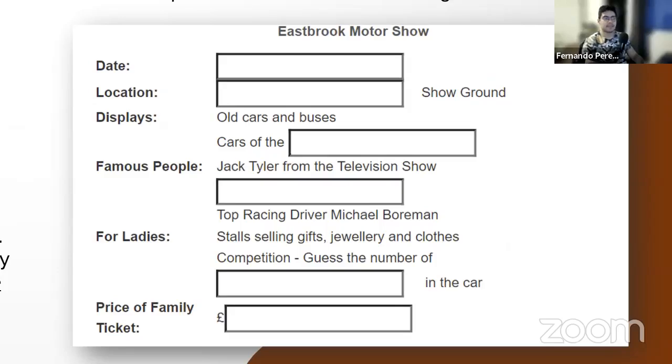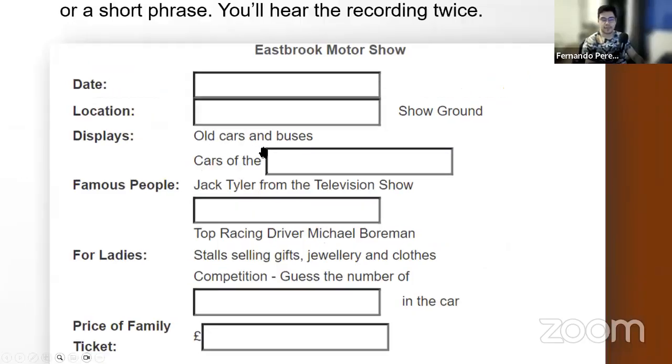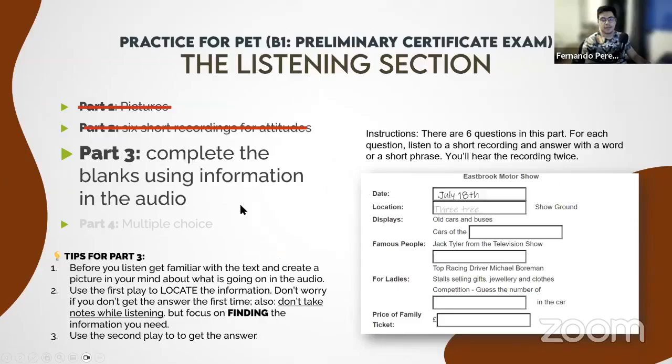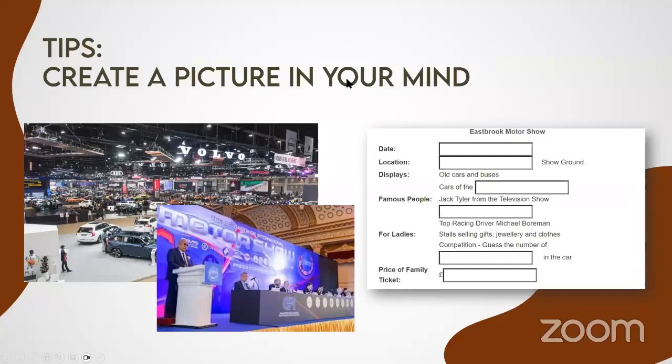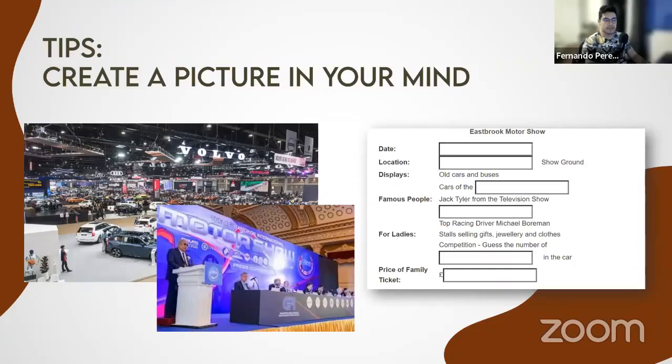So remembering the tips to create a picture in your mind. First, we have the picture in our minds, and now we need vocabulary.